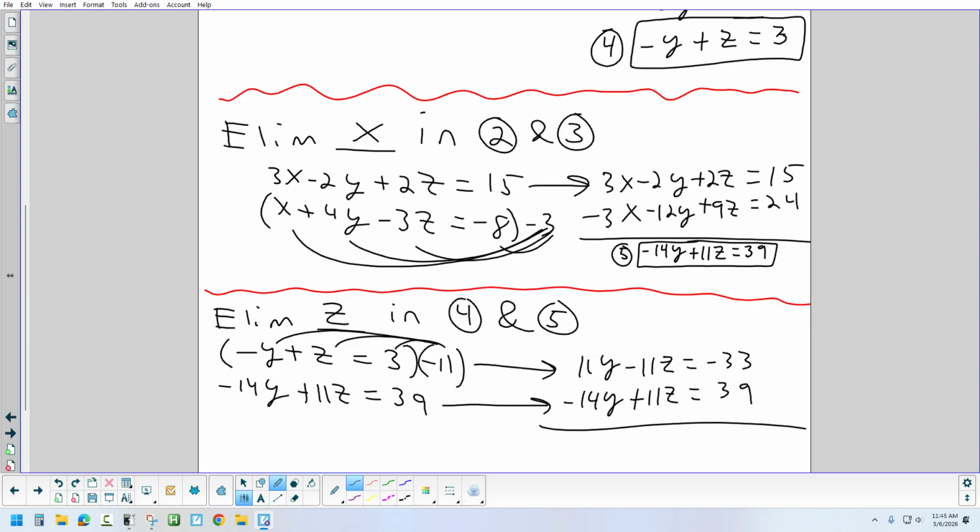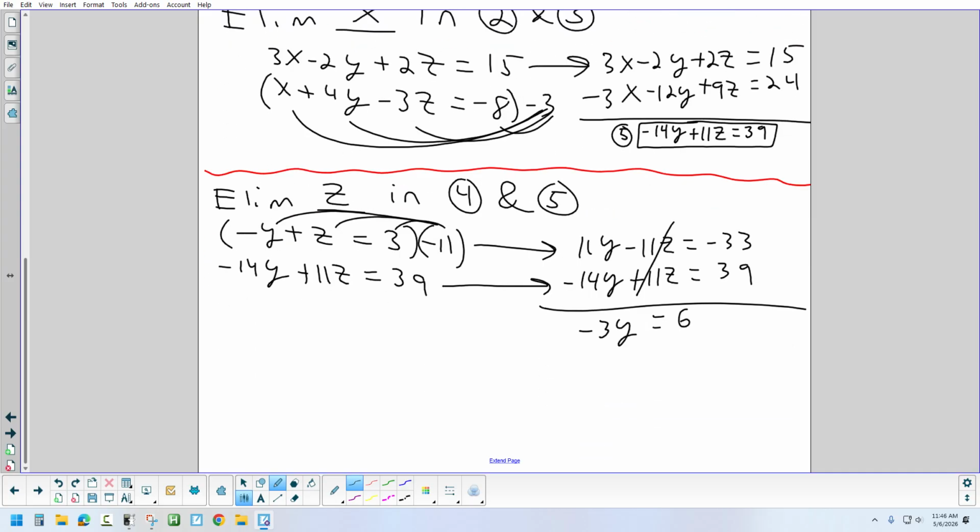And Maggie, when I add those up, 11y and negative 14y, negative 3y, z's are gone, and the other side, 6. Okay, so we have negative 3y equals 6. So Sarah, what does y equal? Yep, negative 2.